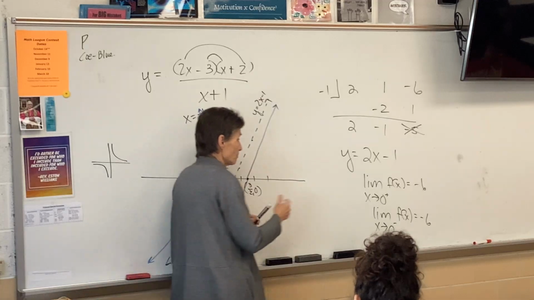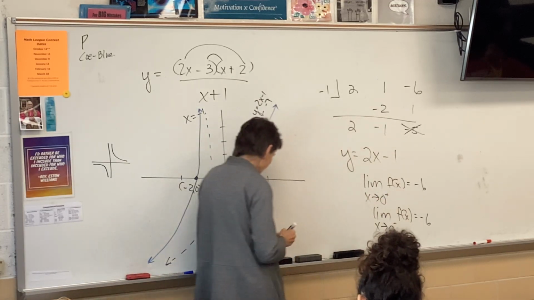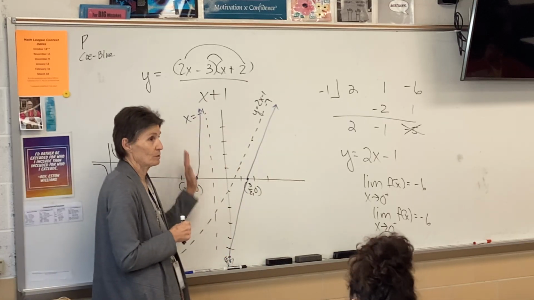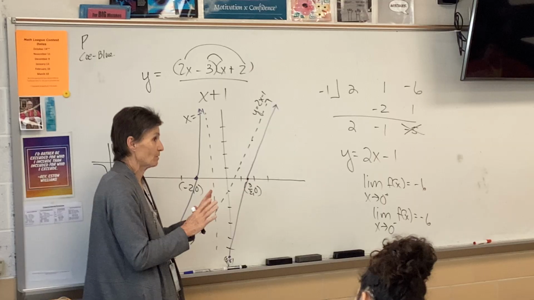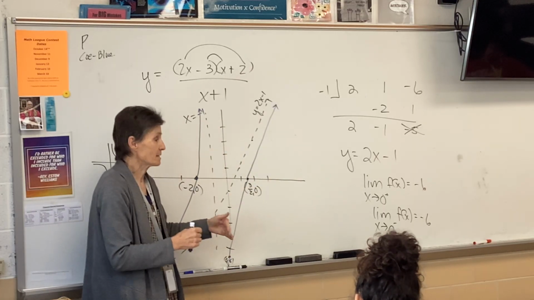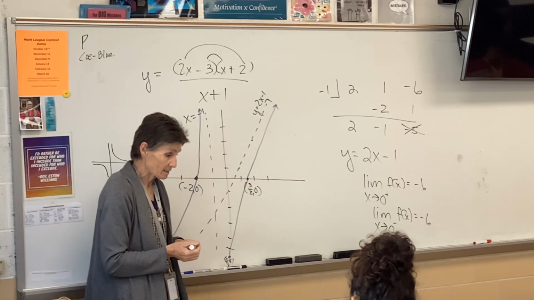So this guy right here has no impact in this problem because 0 is a point. It isn't an asymptote. An asymptote would matter, am I coming from the left or the right? But when it's a point, it doesn't matter. So the answer to both of those would be -6.